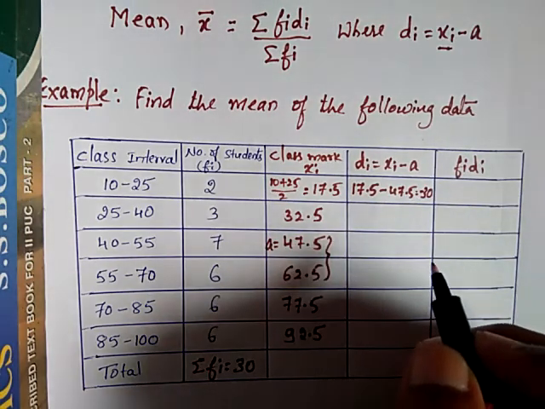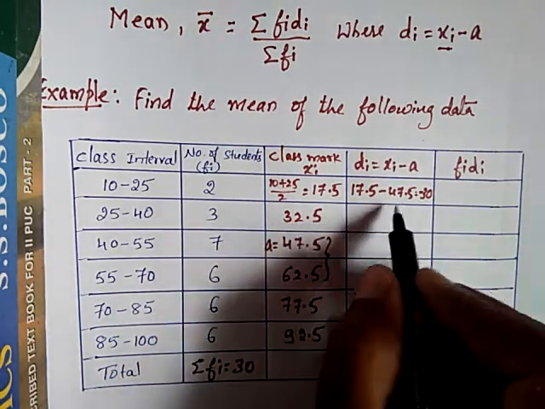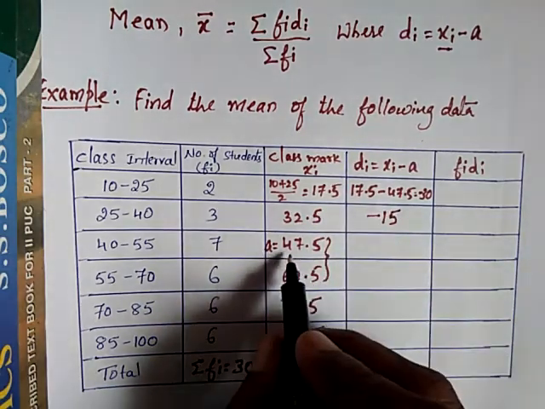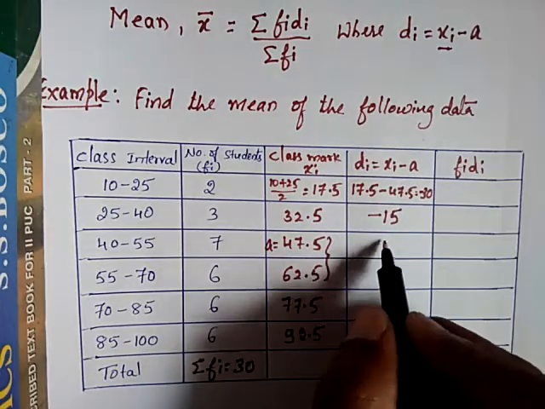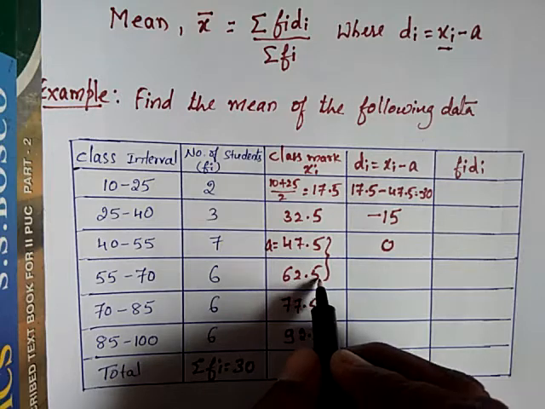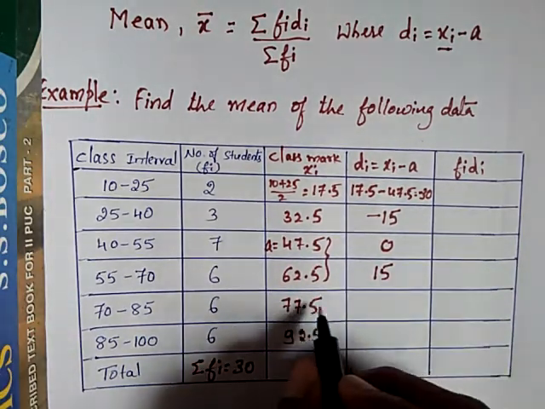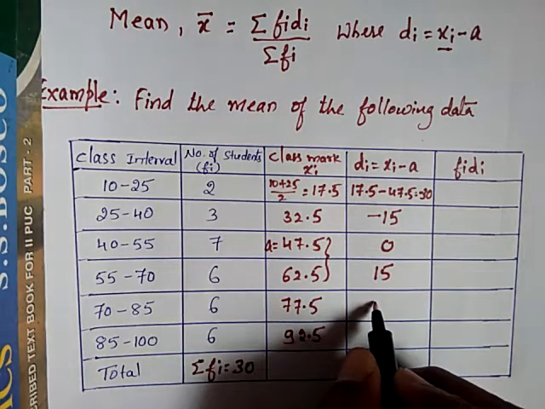Similarly, 32.5 minus 47.5 is minus 15. Here xi is 47.5 and a is 47.5, so it will be 0. Then 62.5 minus 47.5 is 15. Similarly 77.5 minus 47.5 is 30.